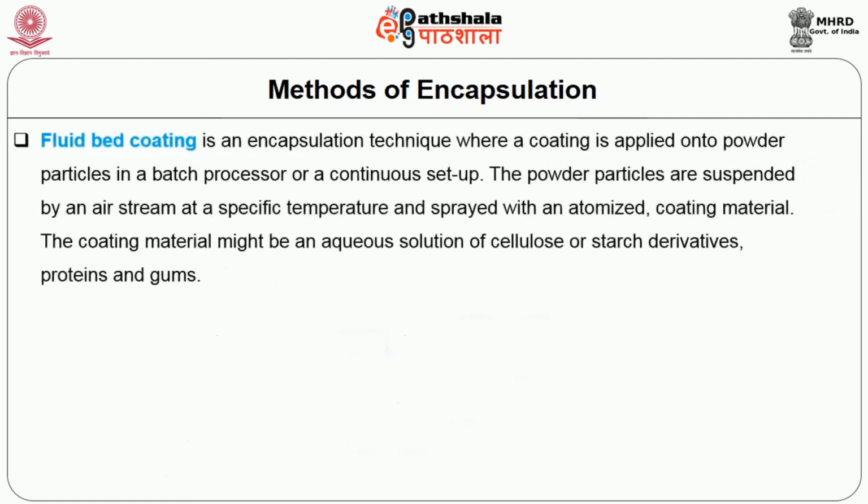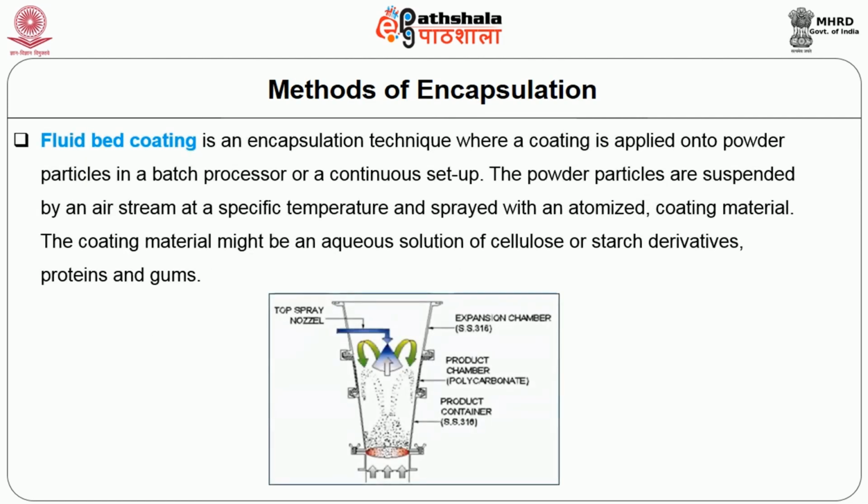Fluid bed coating is another encapsulation technique where a coating is applied onto powder particles in a batch processor or a continuous setup. The powder particles are suspended by an air stream at a specific temperature and sprayed with an atomized coating material. The coating material might be an aqueous solution of cellulose or starch derivatives, proteins and gums.